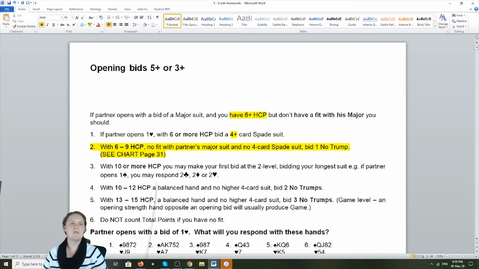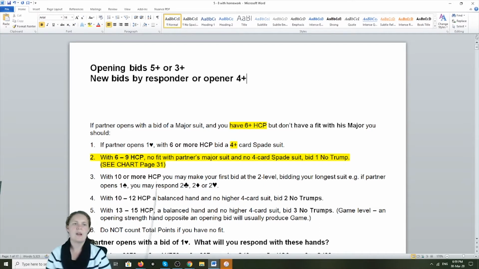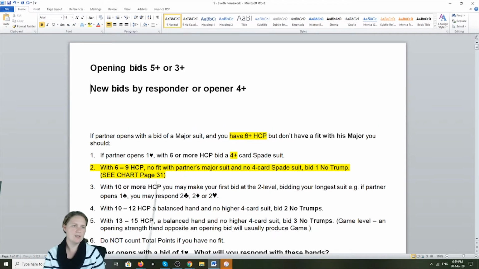But what happens after those opening bids is any new bids by responder or by opener only promise 4 or more cards in a suit. So it's kind of funny because we had those restrictions on opener that it's either 5 or 3, but what happens after that is we only promise 4 or more cards in a suit.